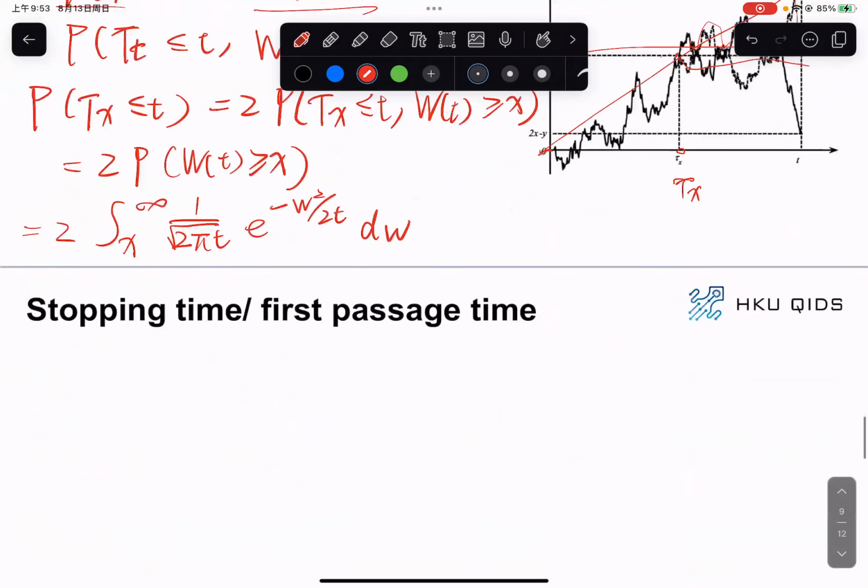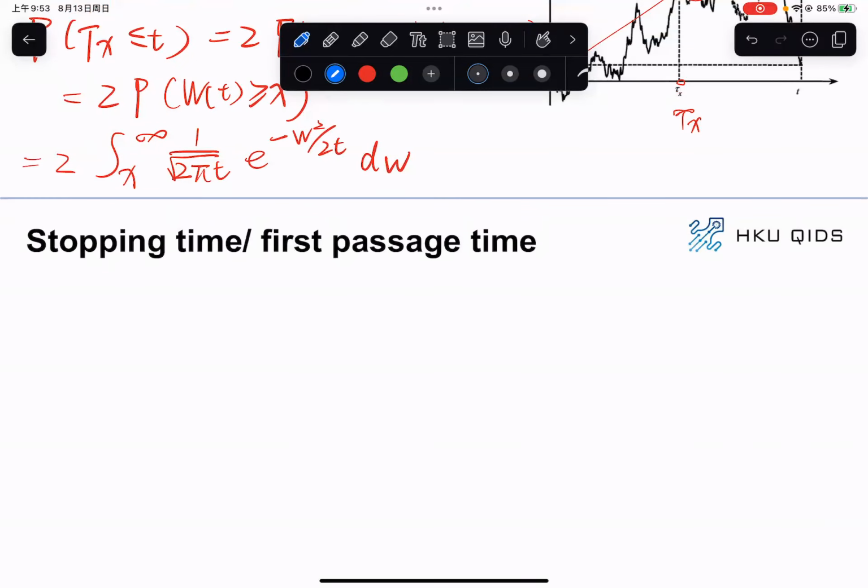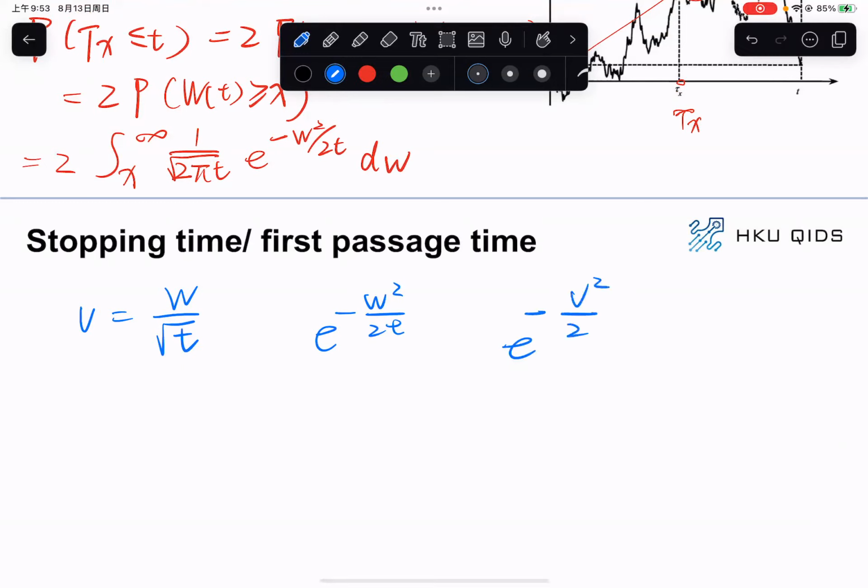Well, we simply need to denote v equal to w over square root t, so that e to the negative w squared over 2t is going to be e to the negative v squared over 2, which is the format of a normal distribution.